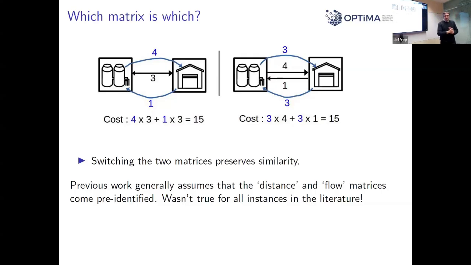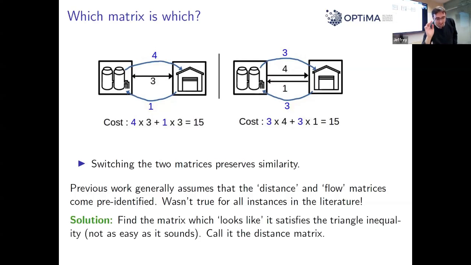Not good. So our solution to this is: not all of the instances, but a lot of the instances that have been considered do have something you could describe as a distance matrix. A flow matrix could be almost anything. A distance matrix probably is going to at least sort of look like it respects the triangle inequality.